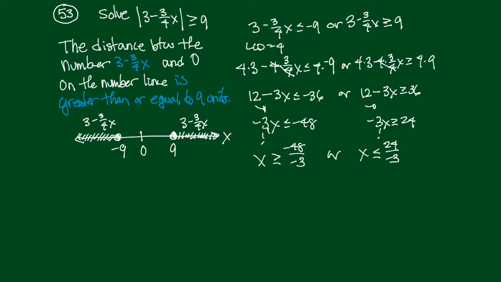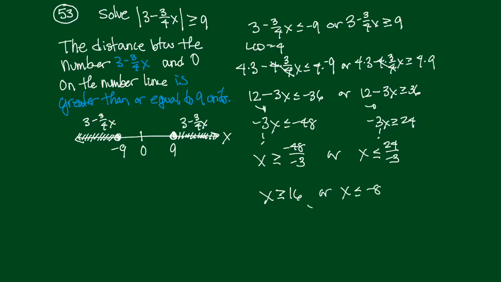We divided by a negative, so that inequality sign changed direction. The less than became a greater than, and over here, the greater than became a less than. So let's finish it off by simplifying. x is greater than or equal to, negative over negative is positive 16, or x is less than or equal to negative 8.